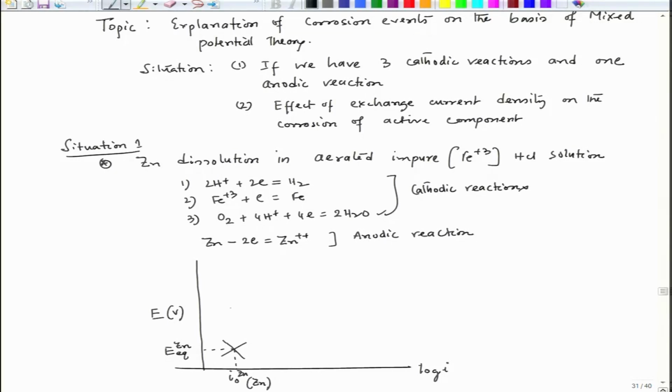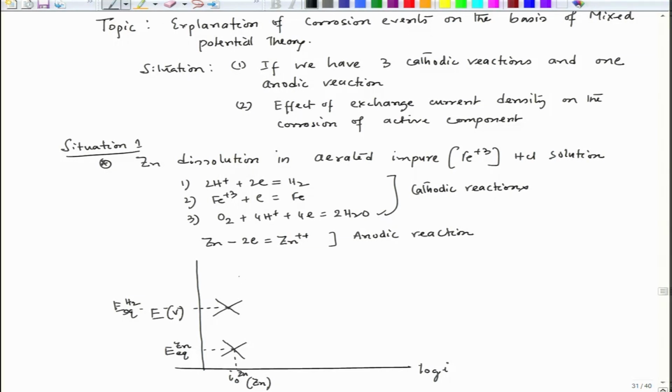Then we have another reaction, which is the hydrogen evolution reaction on the zinc surface, E equilibrium hydrogen.